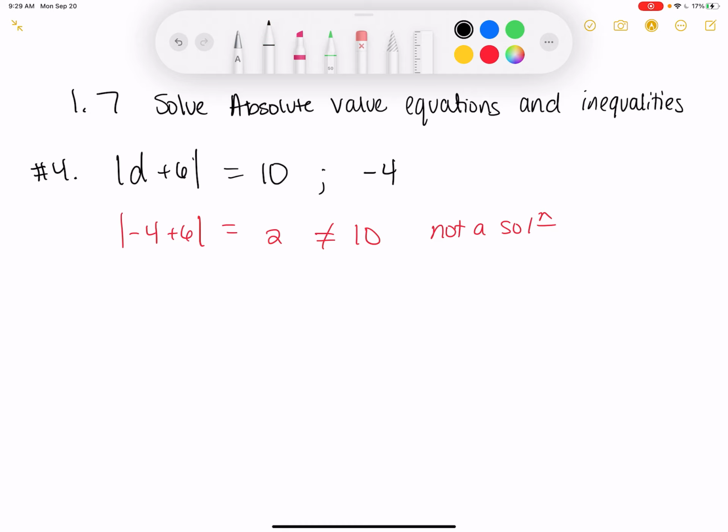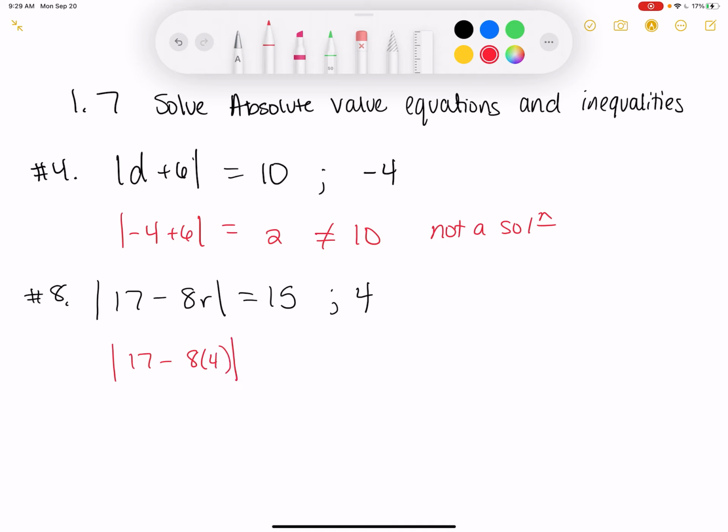Alright, let's see. Same instructions, number 8. The absolute value of 17 minus 8r is equal to 15, and the number is 4. Alright, so plugging 4 in, I have the absolute value of 17 minus 8 times 4.